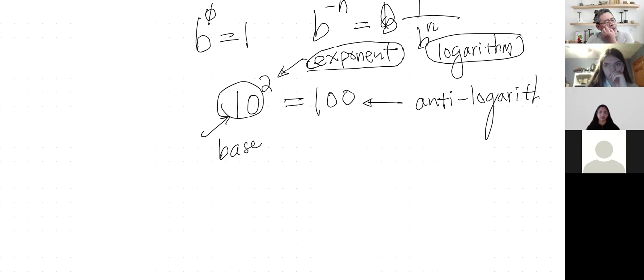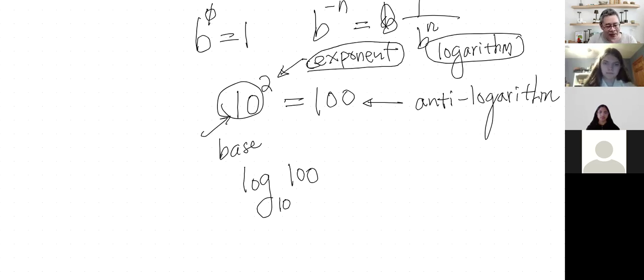Okay, and we have a way to write it. In this case, if we write something like log 10 of 100, where 10 is the base, what do we mean?